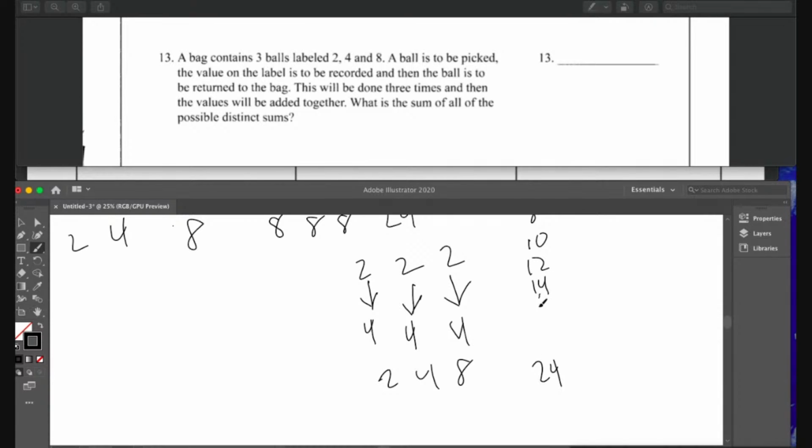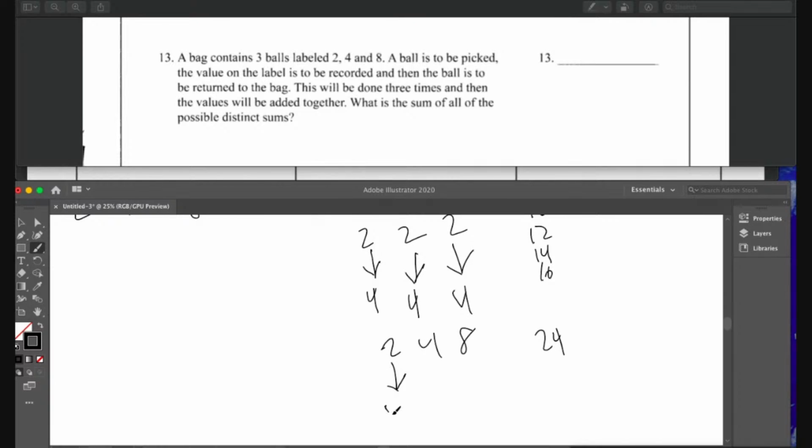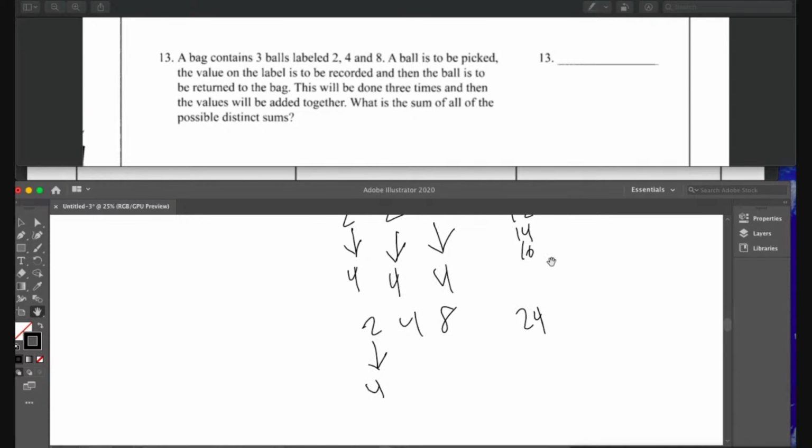And then for 16, we could also push this 2 up to a 4. So that's also going to increase it by 2. So we're also going to be able to get 16. And then 18: 14 was 2, 4, 8, right?